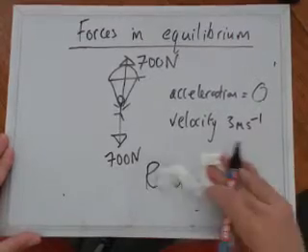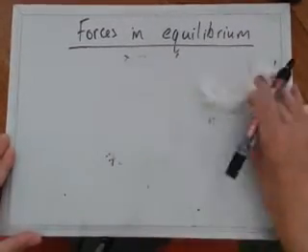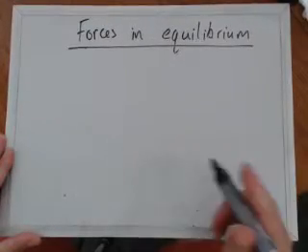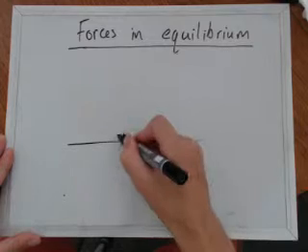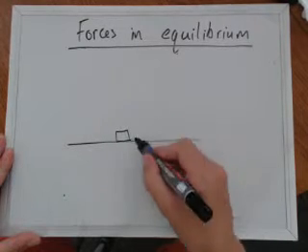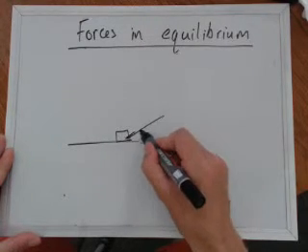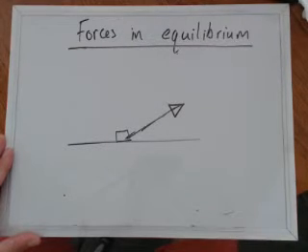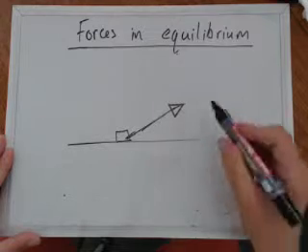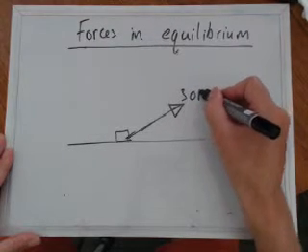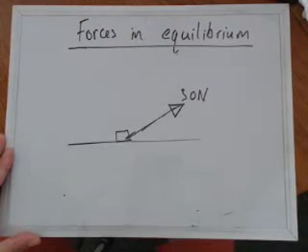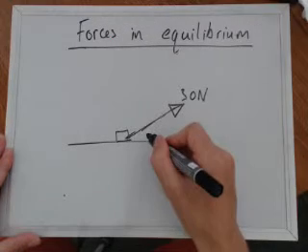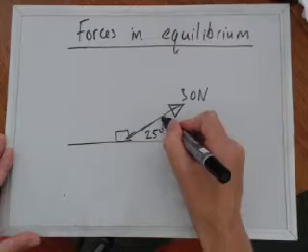Okay. Now, let's bring a little bit of mathematics into here. Not too much. So, let's have a block on the ground, and let's have a force. Somebody's trying to move this block, suitcase, or whatever it is, but we'll represent it as a block, an object, and they are pulling with 30 newtons at an angle of 25 degrees to the horizontal.